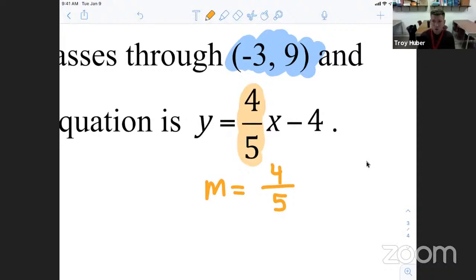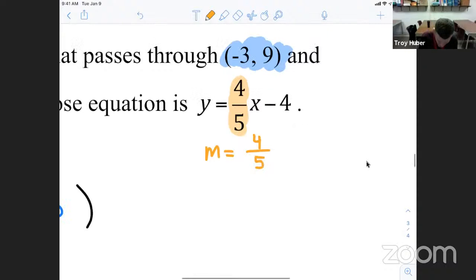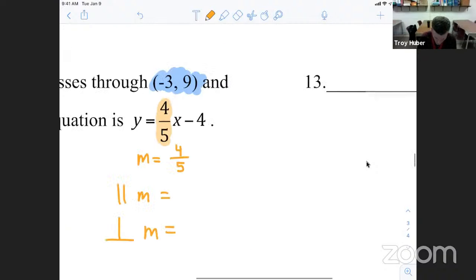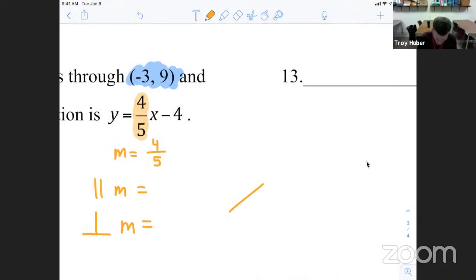Okay, but now we have to know the difference between a parallel slope and a perpendicular slope. So parallel, okay, maybe the slope is up 4 over 5 for this line right here.